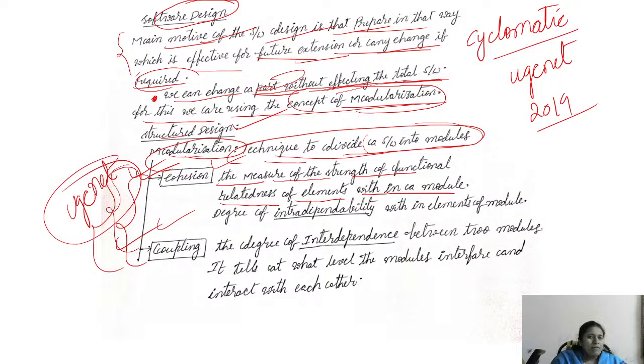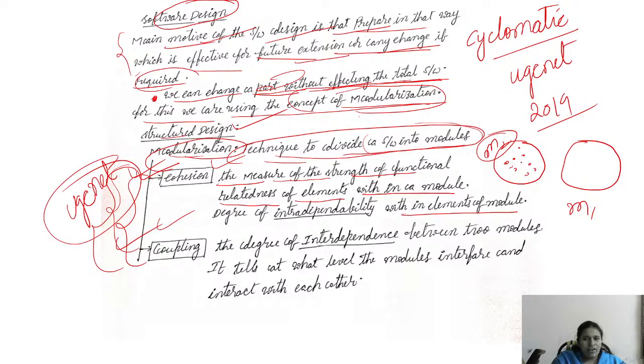Okay, degree of dependability within elements of a module. Suppose we are developing the software module wise, right? Suppose this is module 1 and this is module 2. What does cohesion mean? The intradependency.